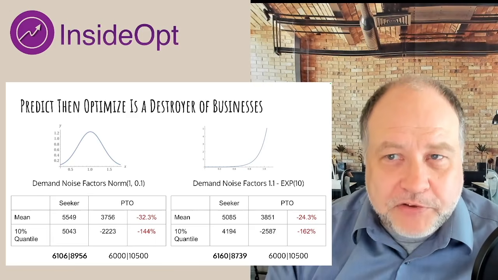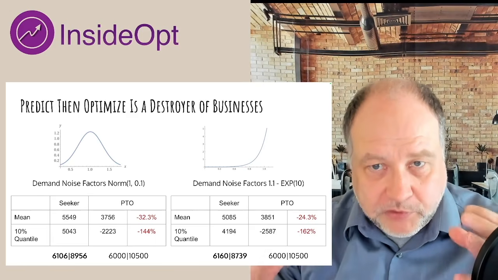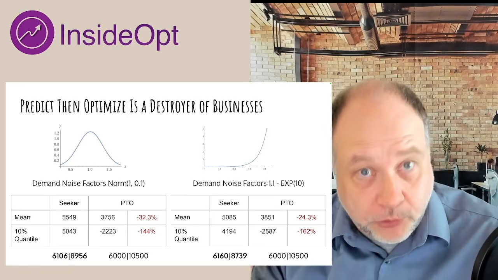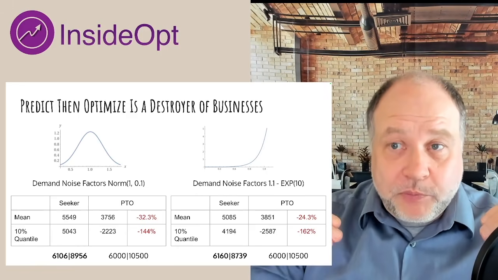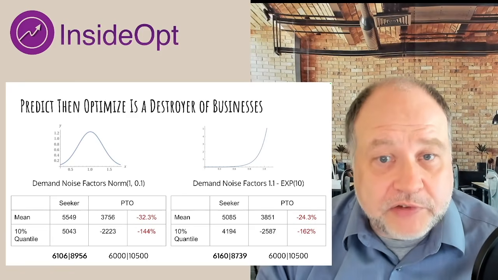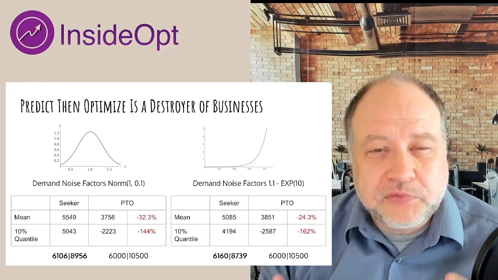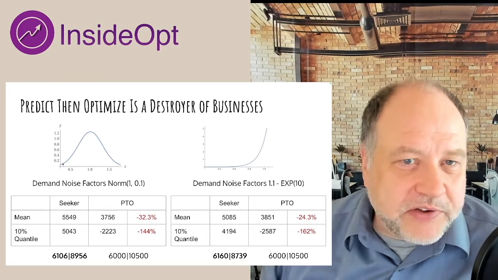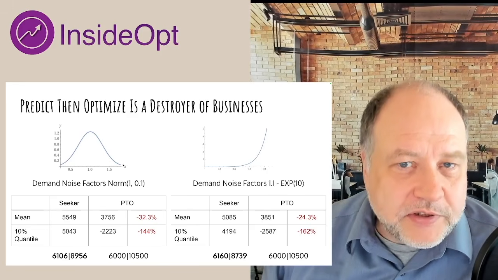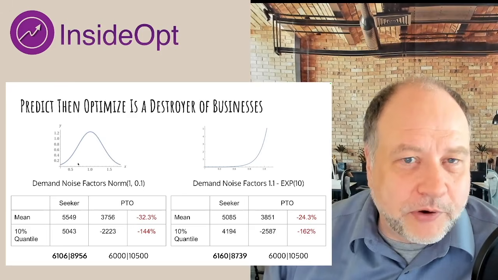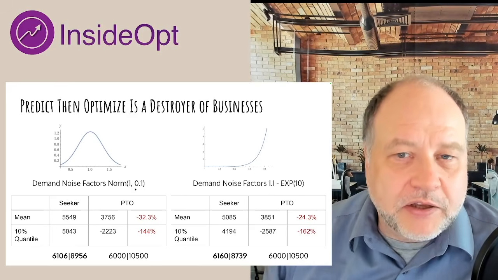What are the results if we compare a deterministic formulation where we assume that 7,000 and 10,500 is set in stone versus when we assume that the demand for each dish is stochastic? We're looking at 2 very different noise distributions for the demand. On the left-hand side, we're looking at normal noise around the demand, a normal noise with standard deviation 10%.